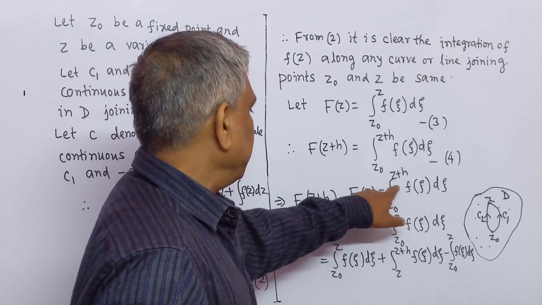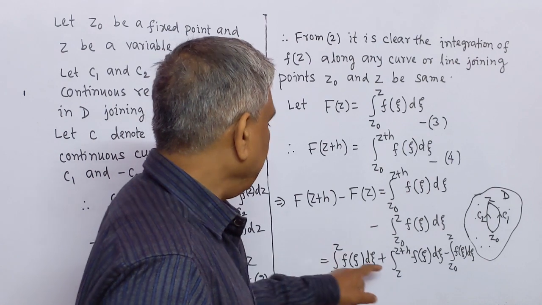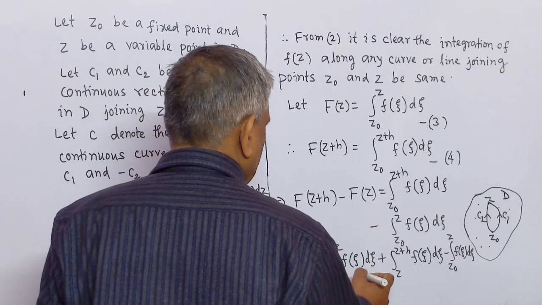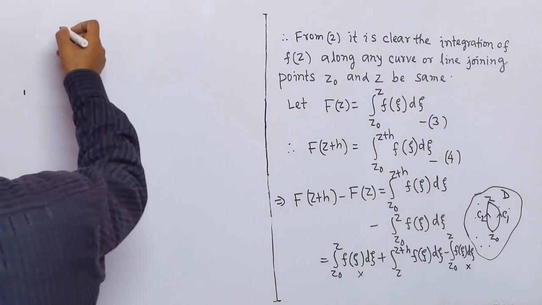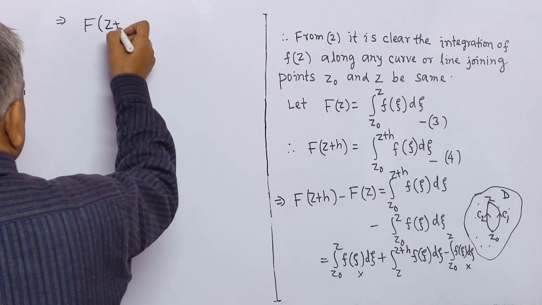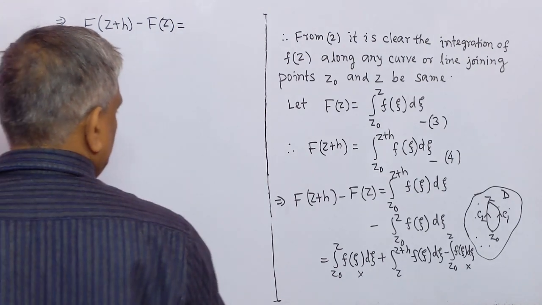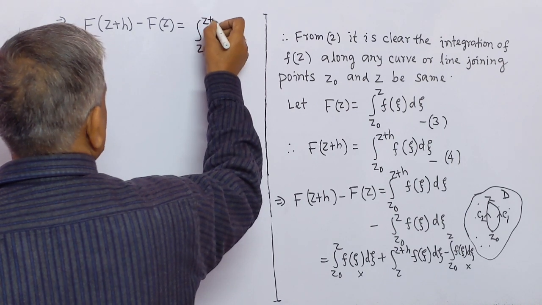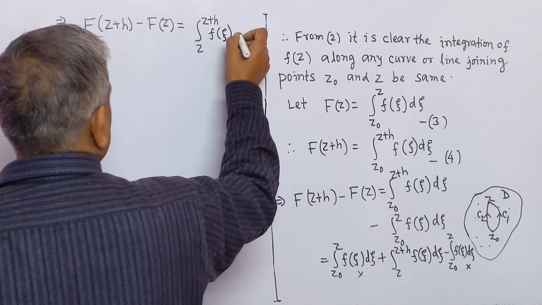Here the integration has been divided into two parts, from z naught to z, then z to z plus h. This and this cancel, only this part remains. It implies that F(z plus h) minus F(z) equals the integration from z to z plus h of small f(xi) d xi.